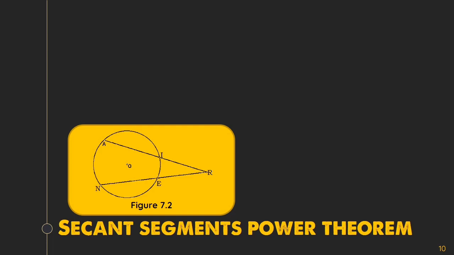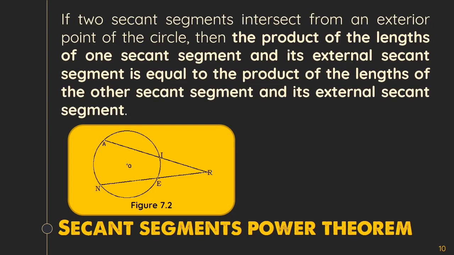It states that if two secant segments intersect from an exterior point of the circle, then the product of the lengths of one secant segment and its external secant segment is equal to the product of the lengths of the other secant segment and its external secant segment. On the figure, segment AR and segment NR are secant segments of circle O which intersect at the exterior of the circle.